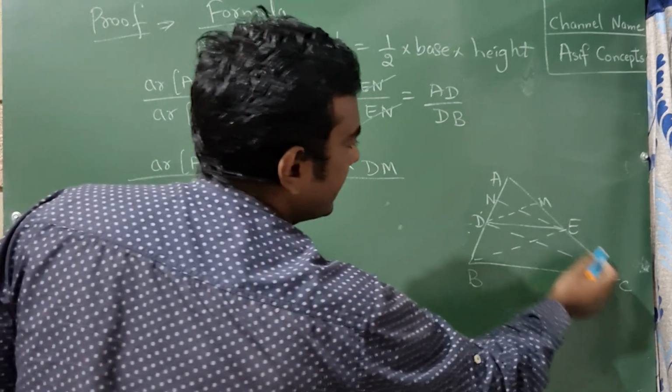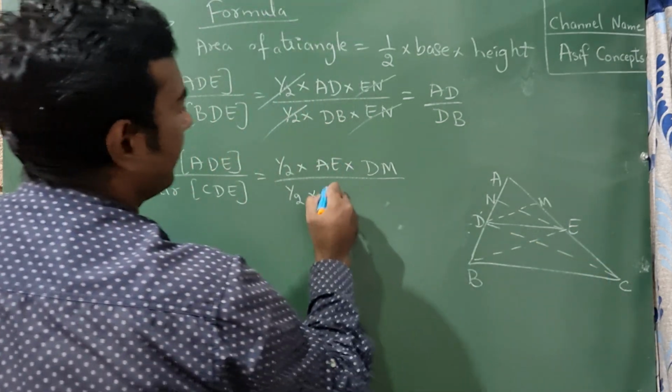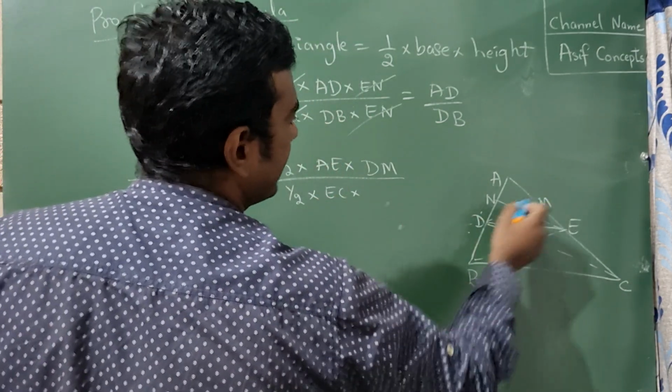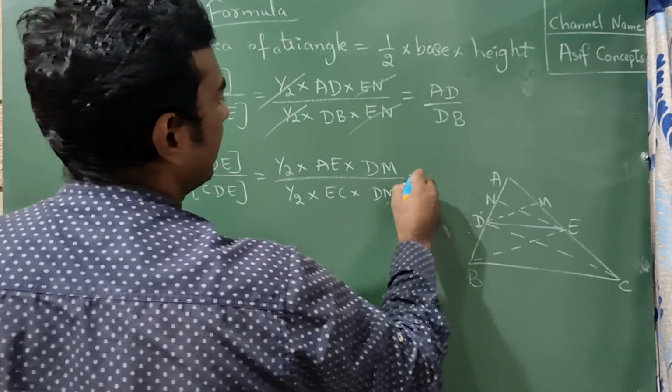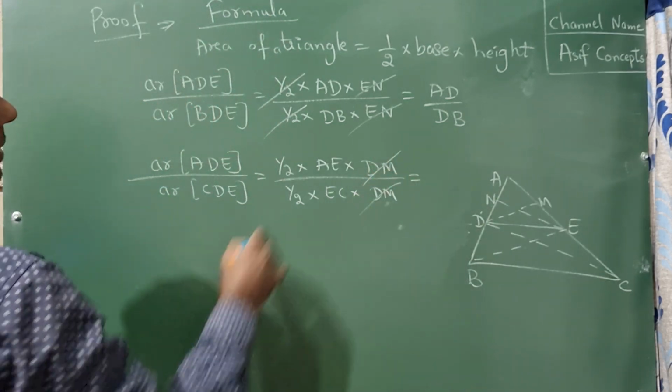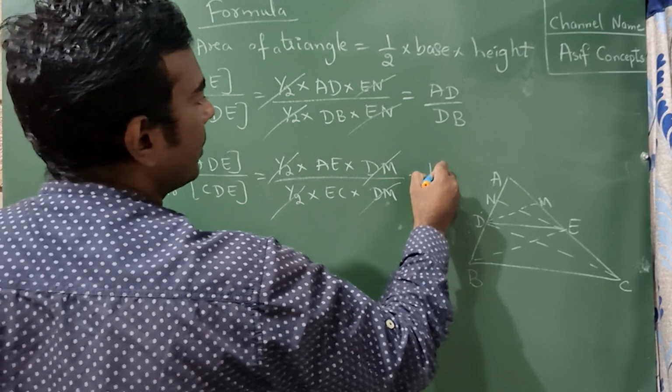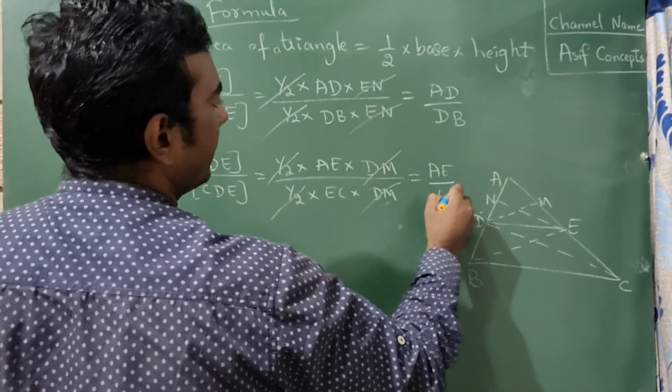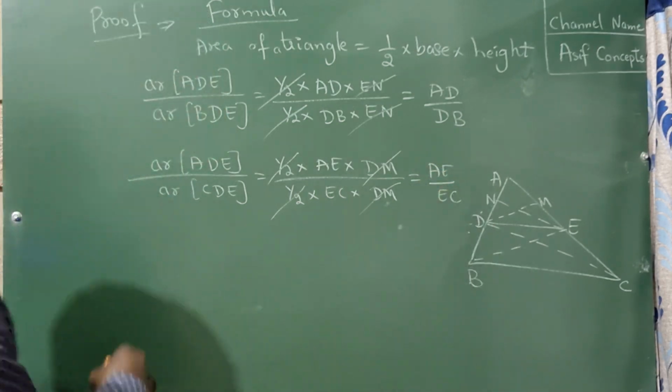Half. CE will be the base. Height is same, that is DM. DM and DM get cancelled. Half and half will get cancelled. So it is AE by EC.